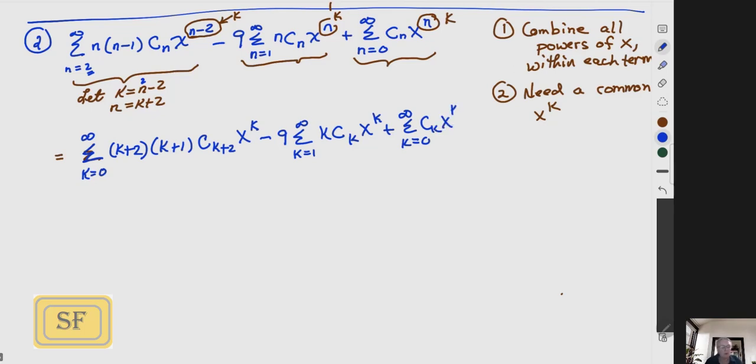And then our third rule involves a lower index. Notice that our lower indices are at k equals 0, k equals 1, and k equals 0. We need to have a common lower index.